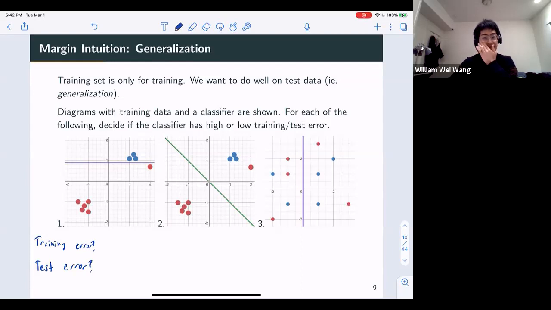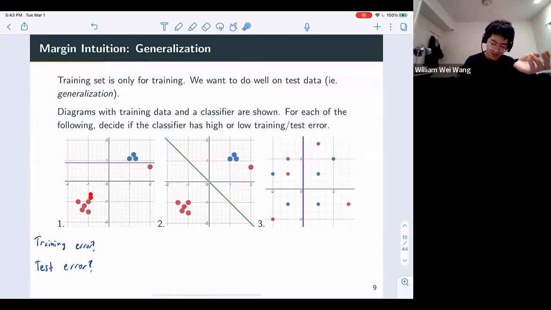Right, so I think we have mostly everyone. Let's talk about this one, this first one. Well, I forgot to say that you should assume that the direction of the decision boundary is whichever one makes the most sense.